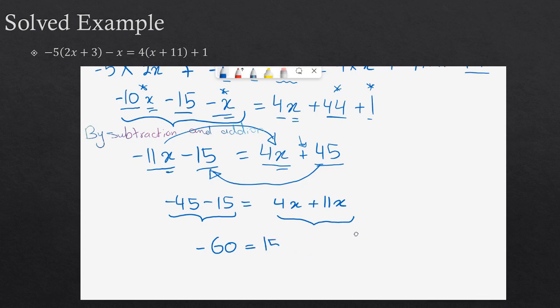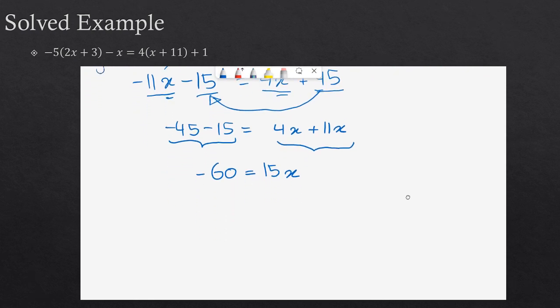So 15x. Now we have a constant that is multiplied by the variable x. We want to eliminate this 15.